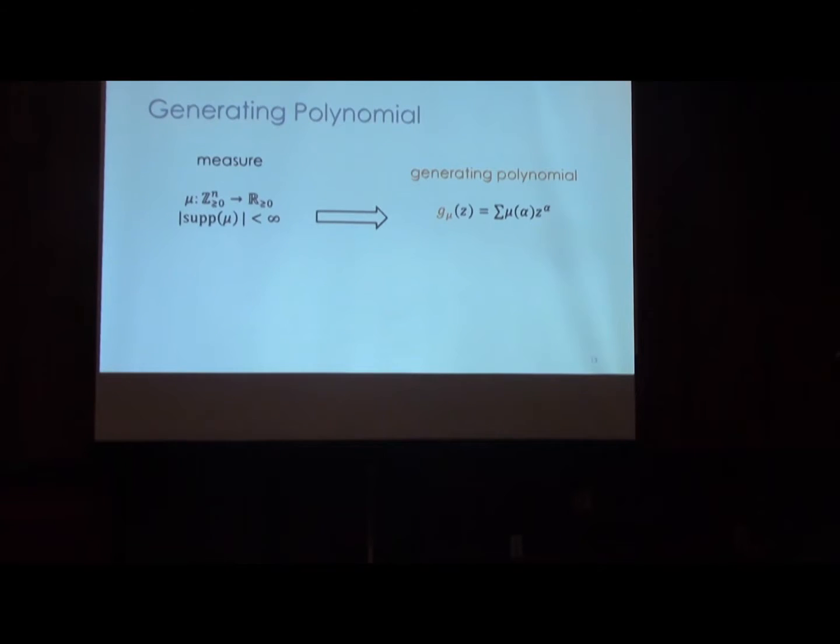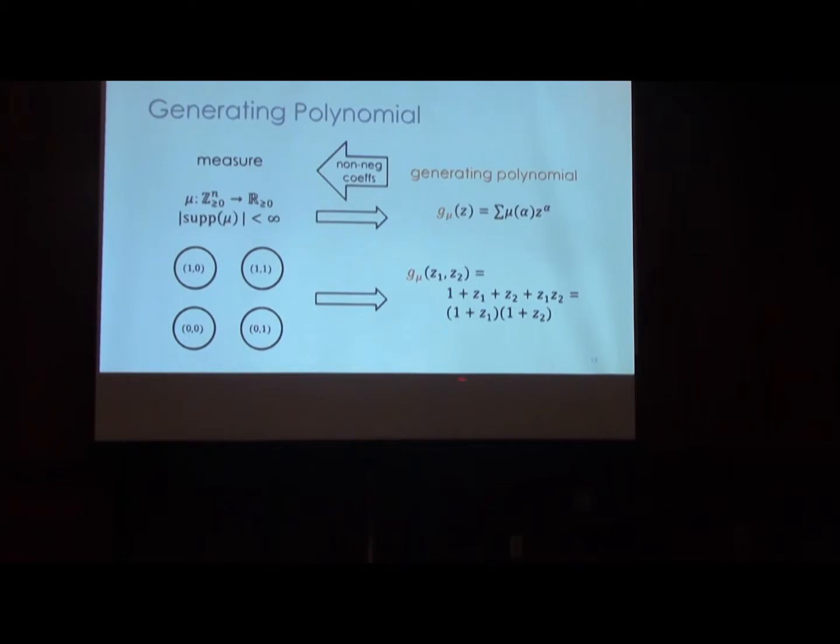So each integer point is giving me a monomial. I'm just multiplying that monomial by the measure at that point, and I'm getting this polynomial. Pretty easy. Okay. So if you have a polynomial which has non-negative coefficients, you can also extract a measure from it. Right? So these two are equivalent in some sense.